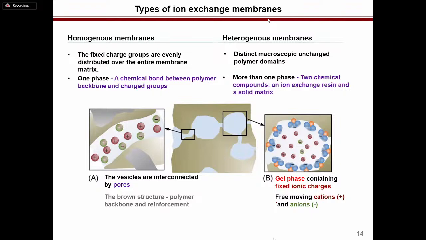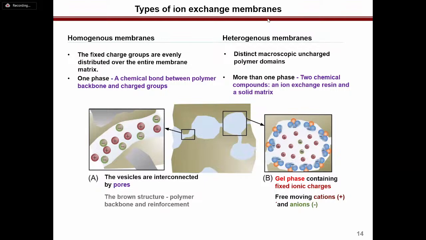As I showed you before, in the structure of the homogeneous membranes, we have the polymer backbone, the functional groups, and so on. But how do they look? How are the ions transported in the membrane, or what does the structure look like in the sense of transporting the ions?